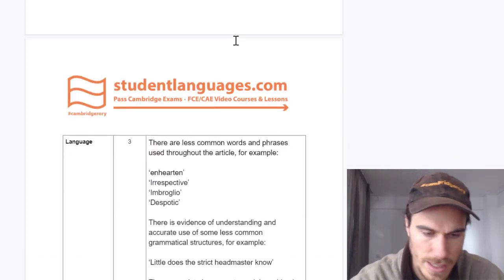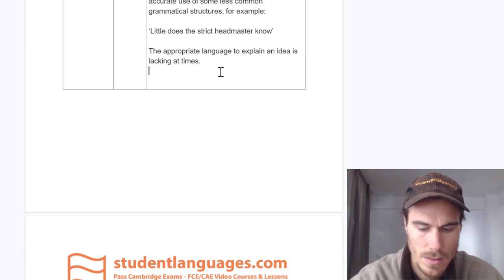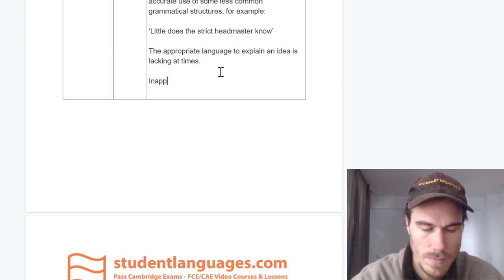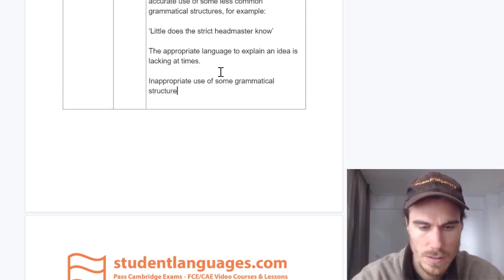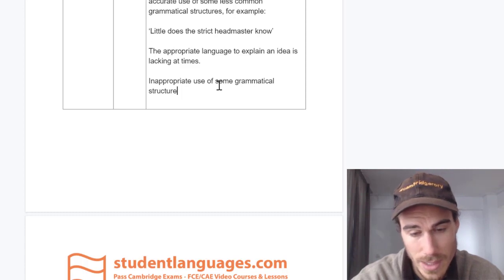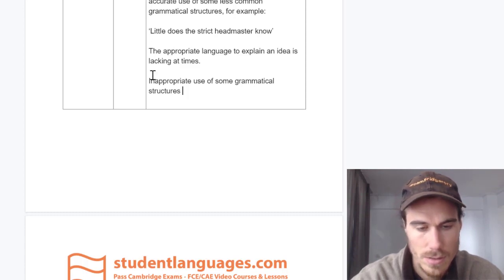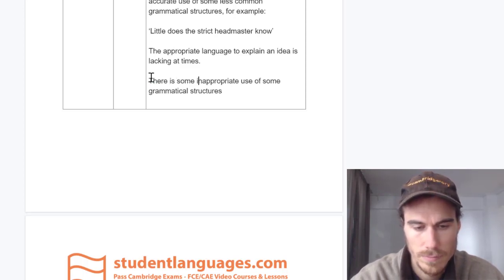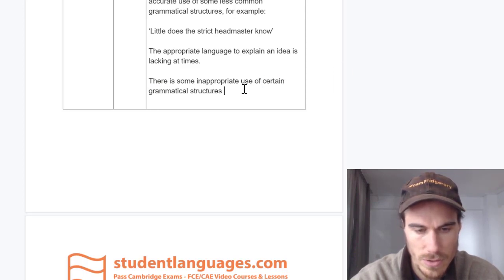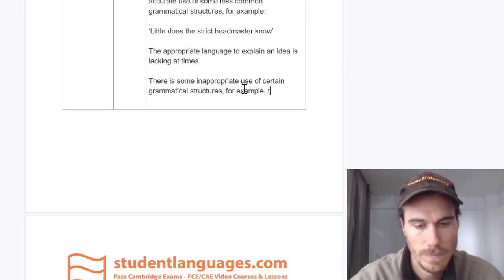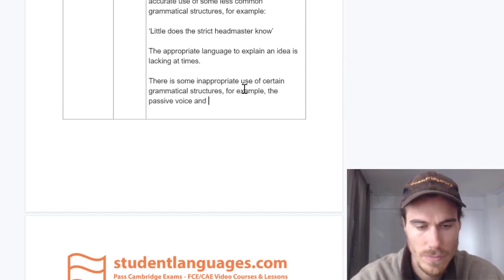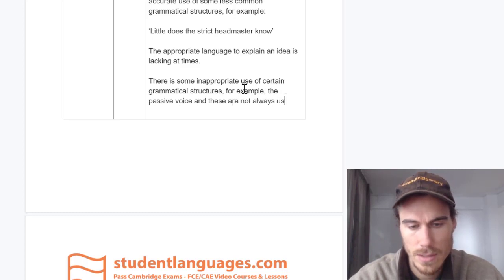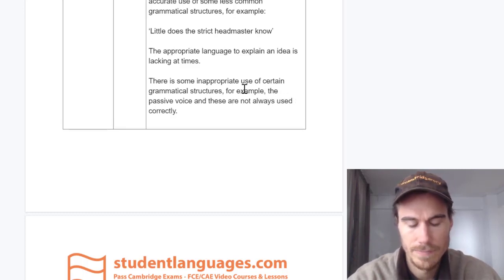So there's been some inappropriate use of certain grammatical structures, for example the passive voice, and these are not always used correctly.